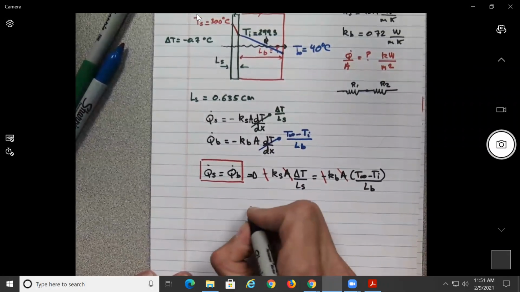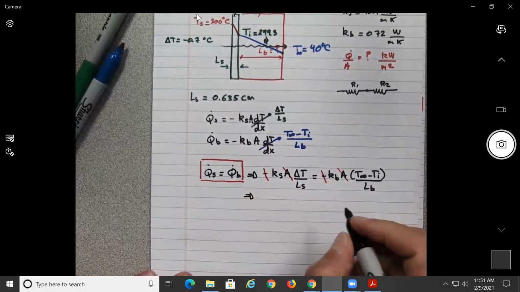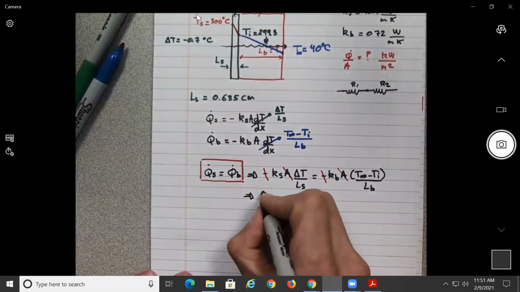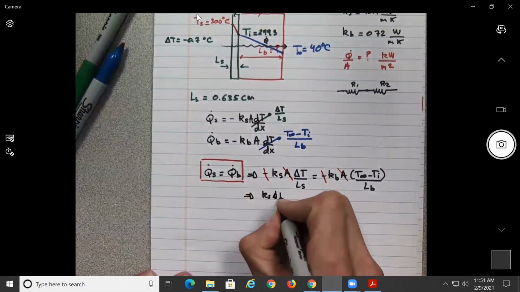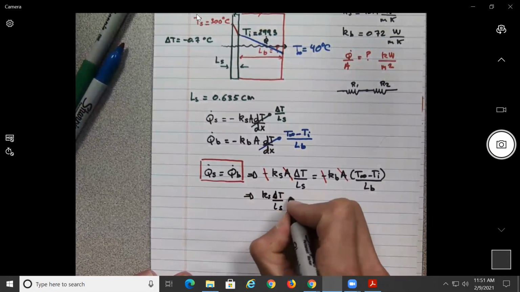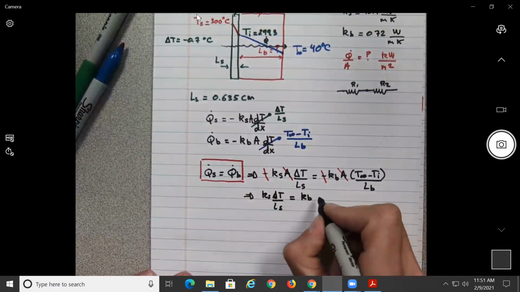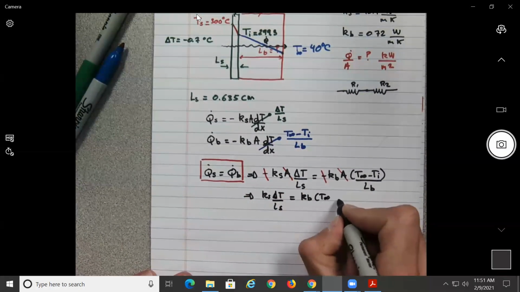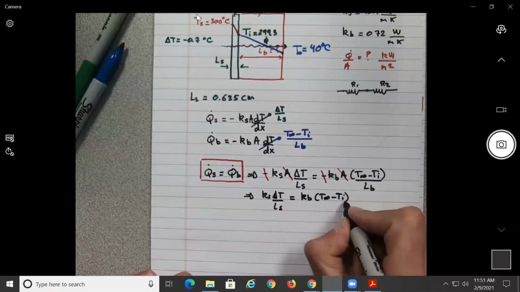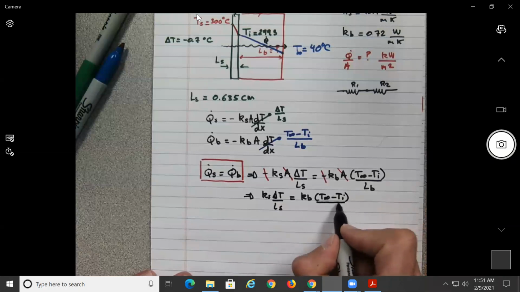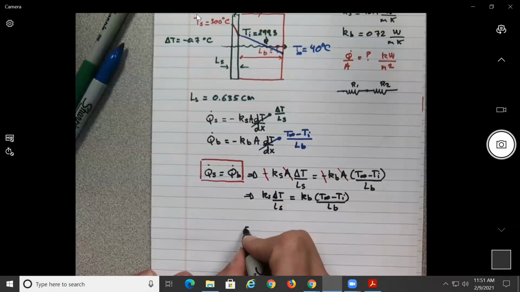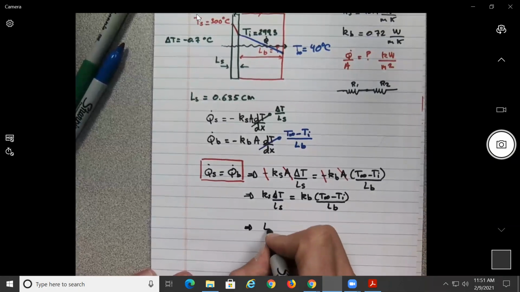So let's simplify that equation first. This will give us Ks delta T over Ls equal to Kb T infinity minus T initial over LB. So this will give us what?